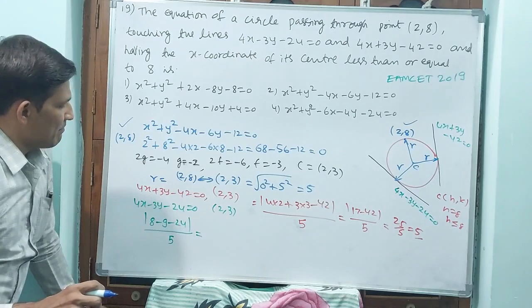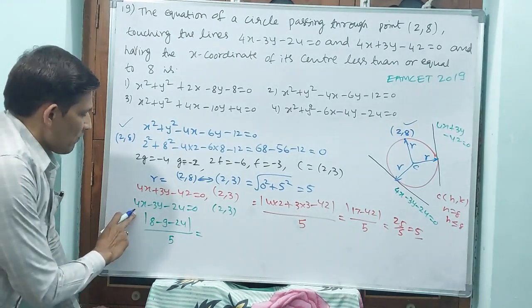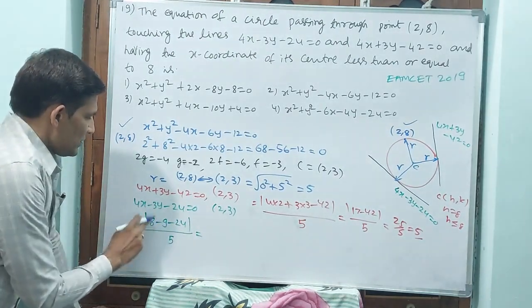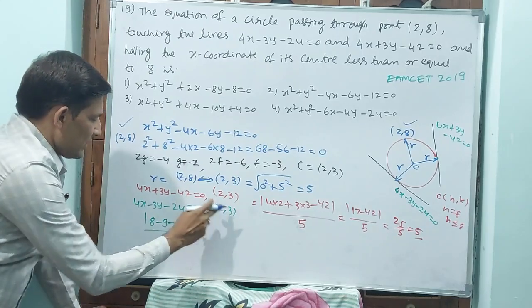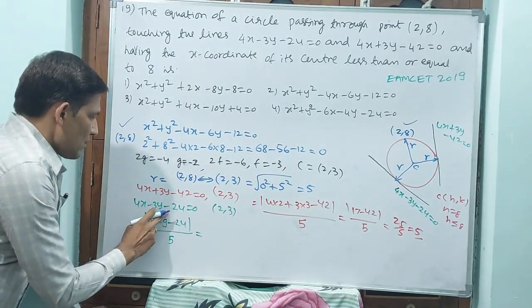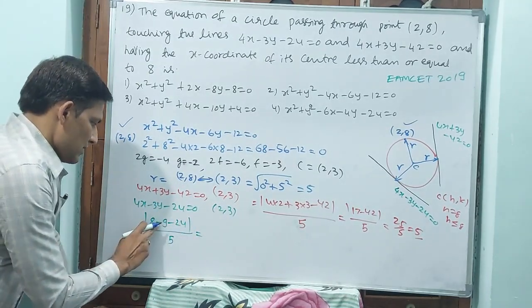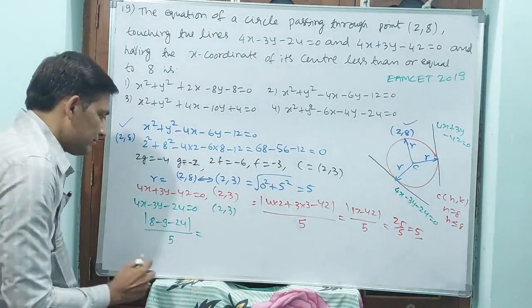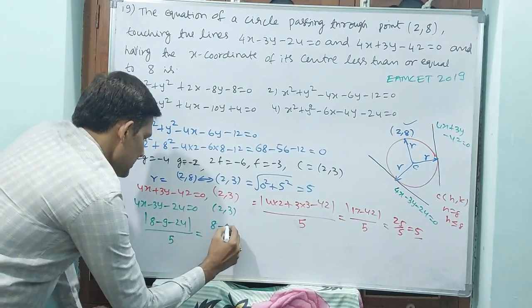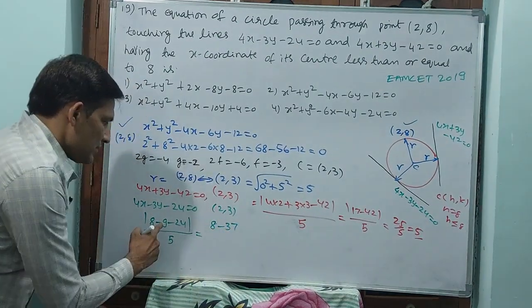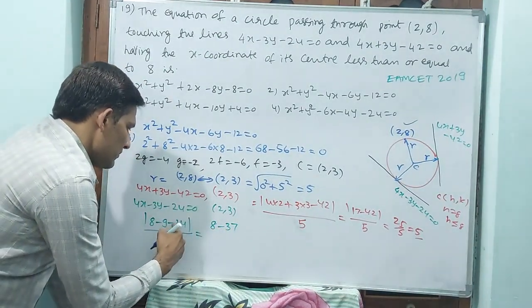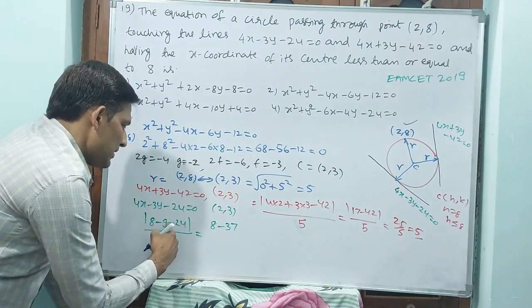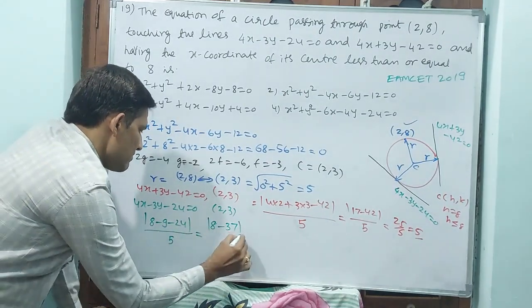Okay, 4 into 2, 8, minus 3 into 3, minus 9, minus 24, modulus, divided by under root of 4 square plus 3 square. Here also 5 will come. You see, 4x minus 3y minus 24: 4 into 2 is 8, minus 3 into 3 is minus 9, minus 24. Okay, see here, minus 25 will come: 8 minus 9 is minus 1, minus 24, that is 25. Divided by 5.